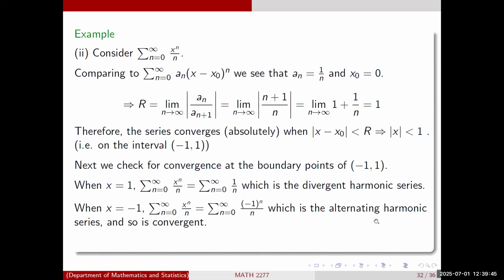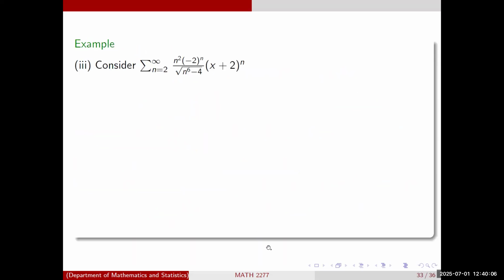So this series is the alternating harmonic series, which is convergent. Therefore, the interval of convergence is the original open interval -1, 1, but we need to add a point into it. You see, it converged at -1, so I need to add -1 to it, okay?